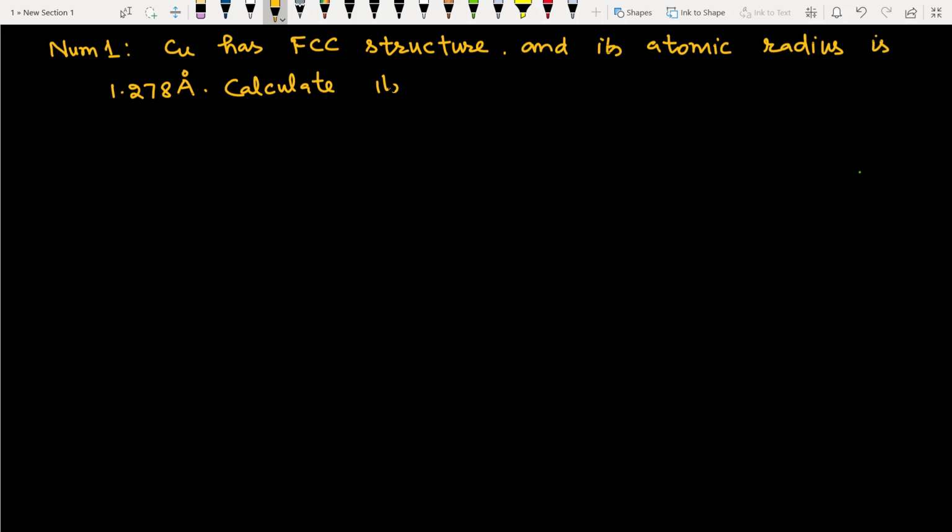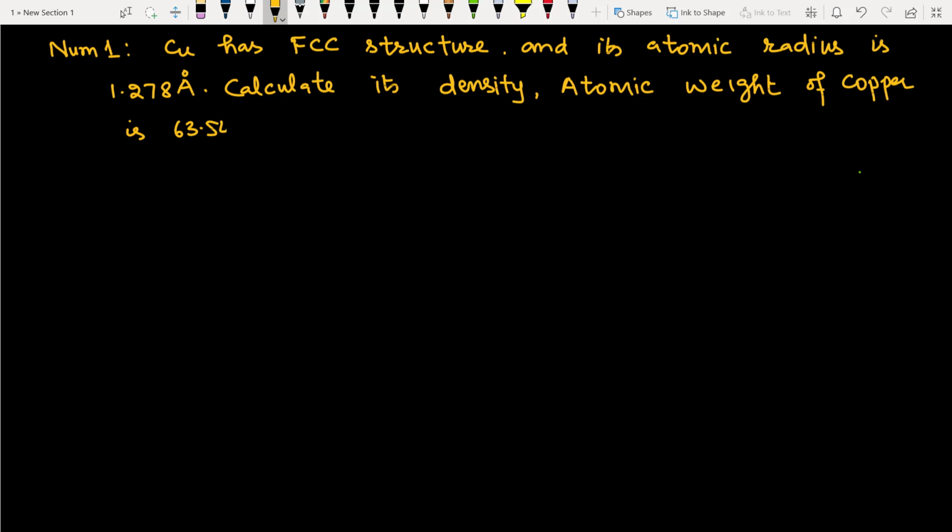Calculate its density. Atomic weight of copper is 63.54 gram.